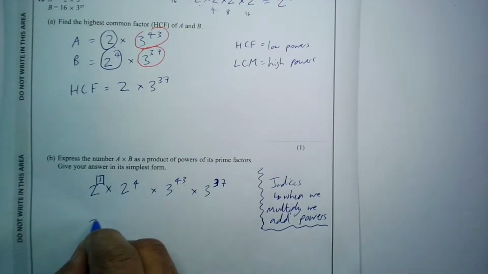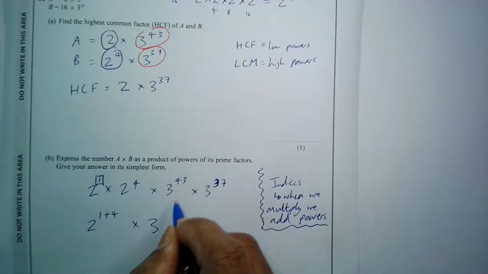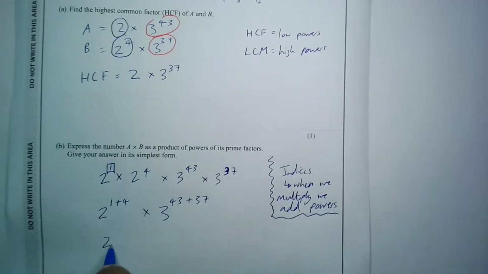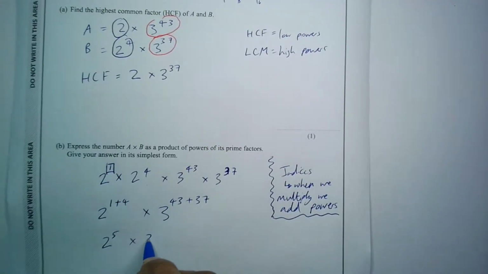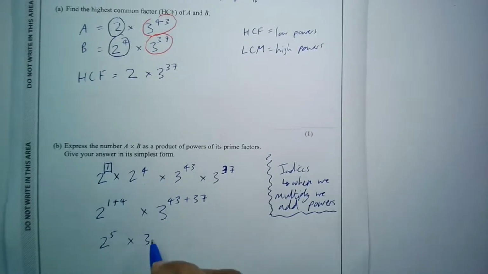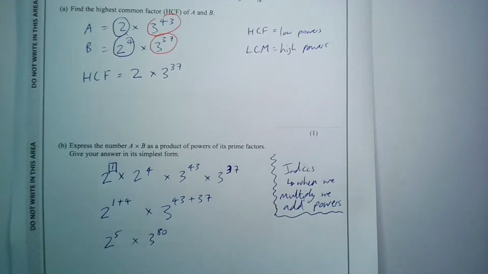So all we're doing is adding the powers: 1 plus 4 times 3 to the power 43 plus 37. And that gives me 1 plus 4 gives me 5. And then 43 plus 37 is 80. So 2 to the power 5 times 3 to the power 80, and that is my final answer. Well done if you got that correct.